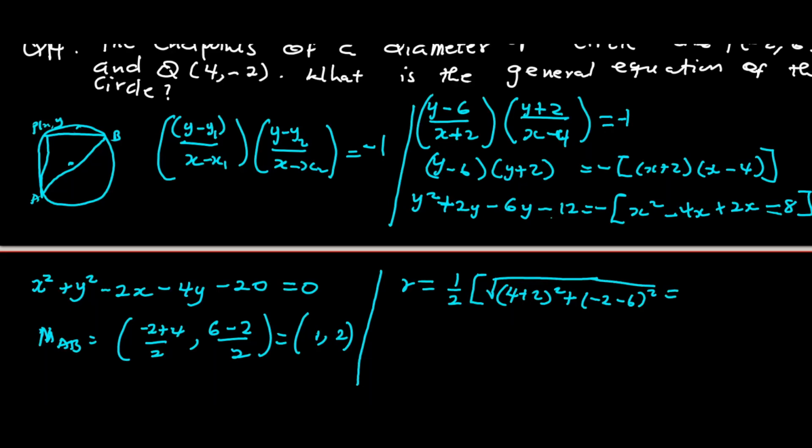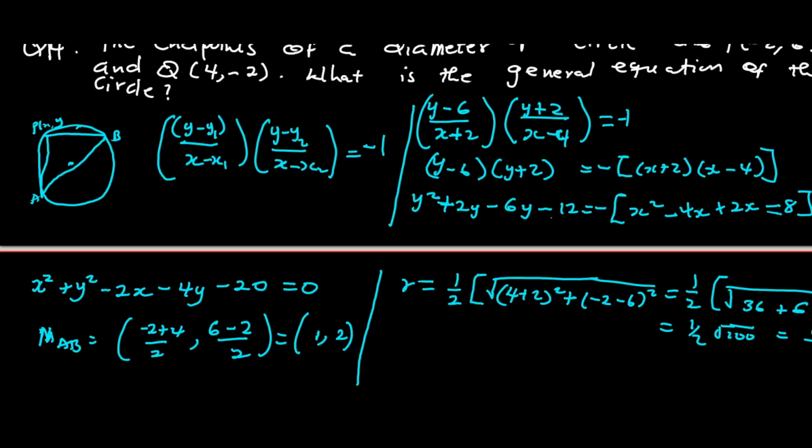We'll have half of the square root of 6 squared, that is 36, plus 8 squared, that is 64, which gives half of root 100. And we all agree that it gives us 5. So the radius is 5, the center is (1, 2).